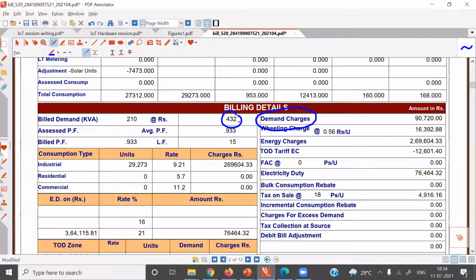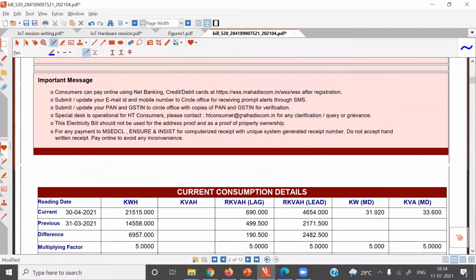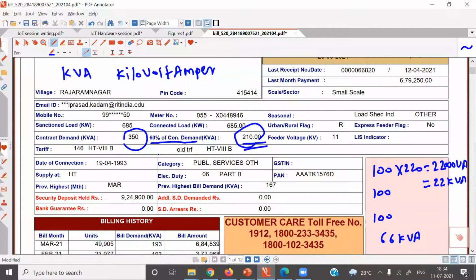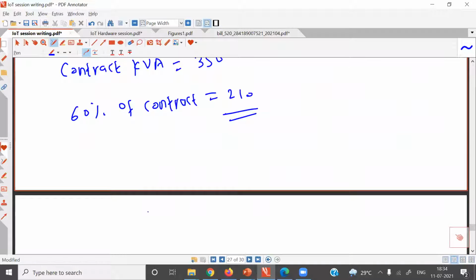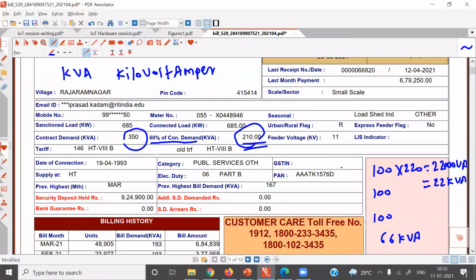So if I multiply 432 into 210, our 60% of contract demand is 210 kVA, which I have highlighted here, the demand charge in rupees will be 432 into 210. This is 90,720 rupees.